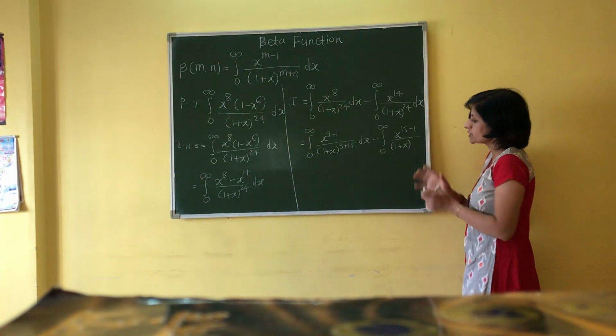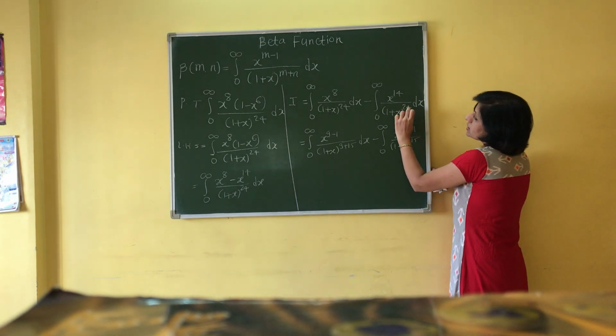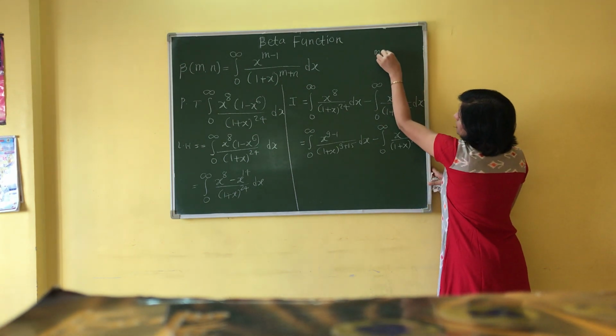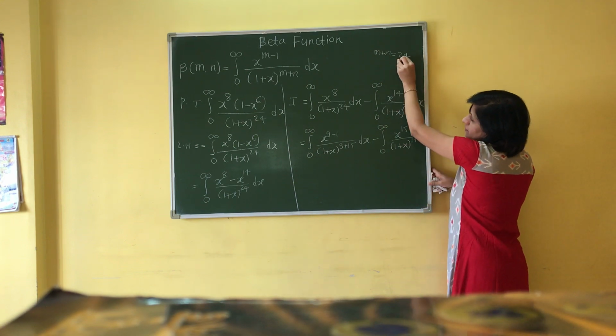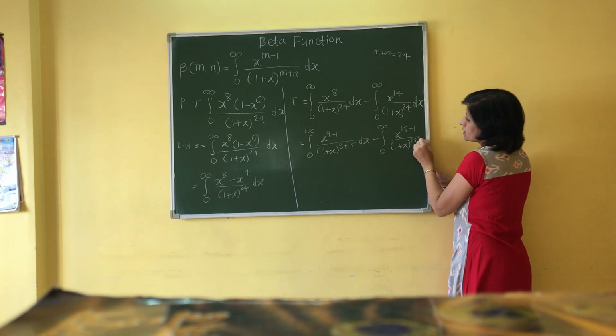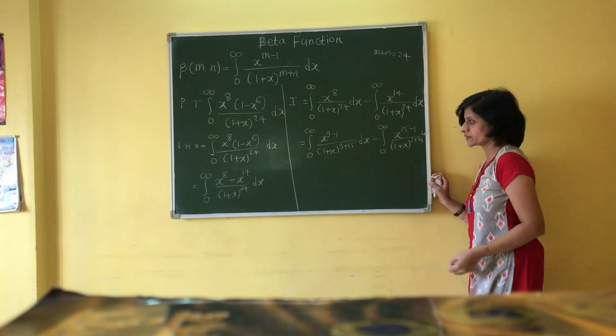Here the value of m is 15, 15 plus n, m plus n is equal to 24. The value of m is 15, 15 plus n is 24. Therefore, the value of n is 9, into dx.